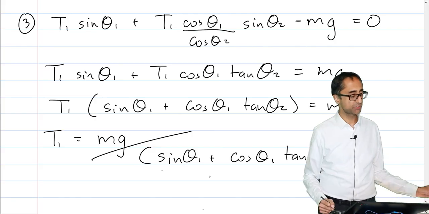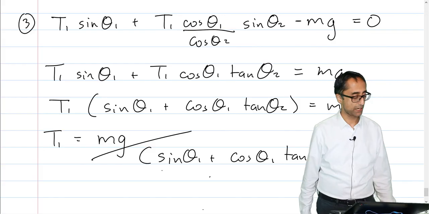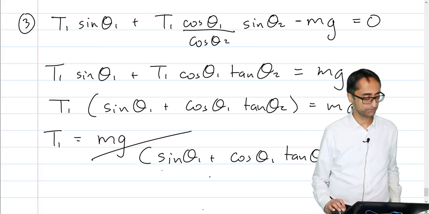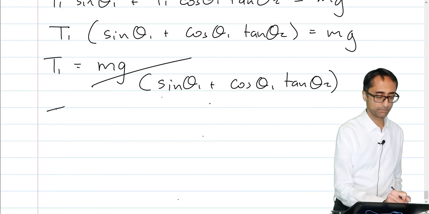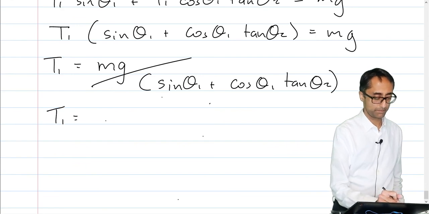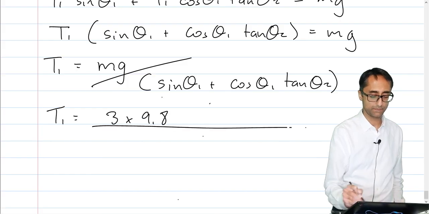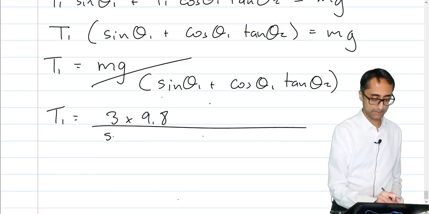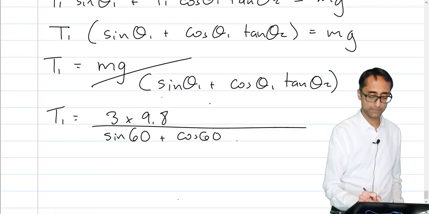So plug the numbers in and see what you get. Feel free to pause it at this point to check your work. I get 3 times 9.8 all divided by, now make sure your calculator is in degrees, sine of 60 plus the cosine of 60 times the tan of 25.